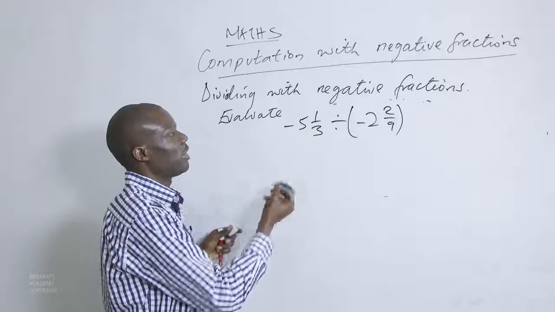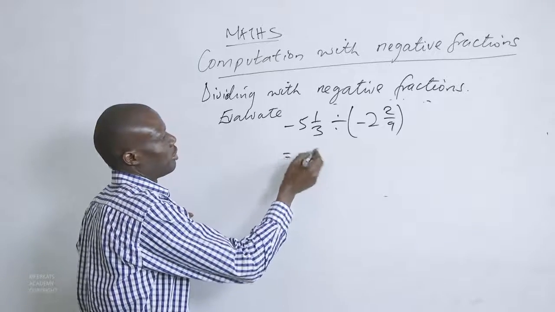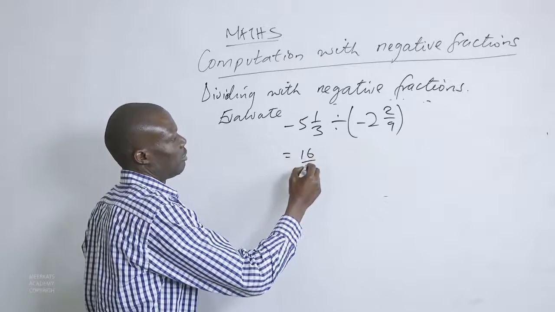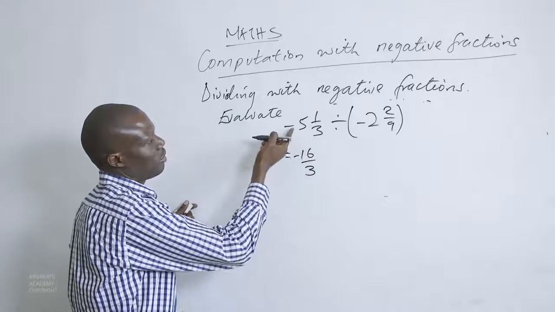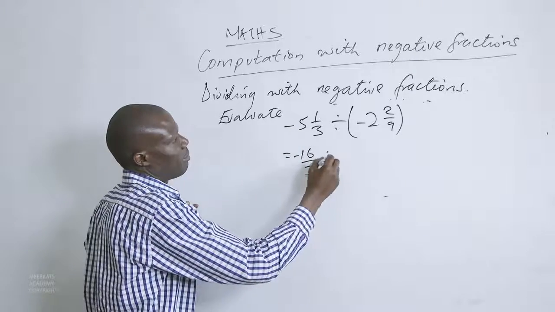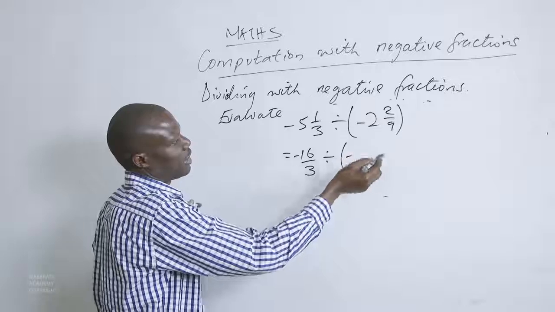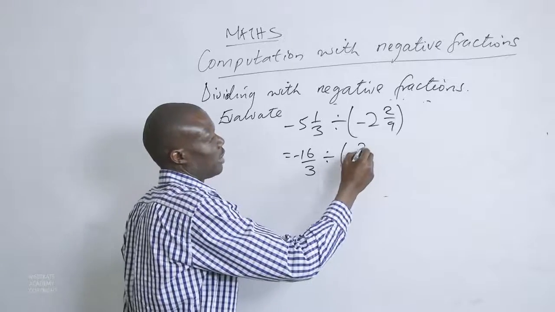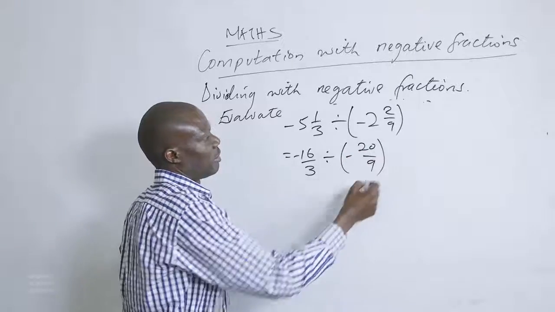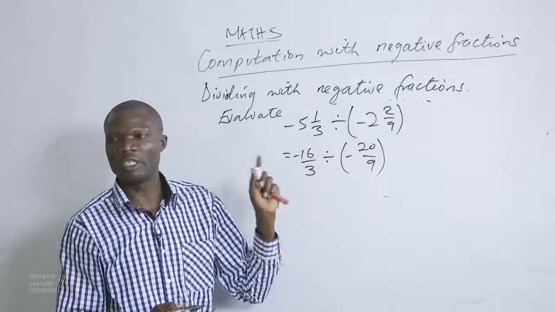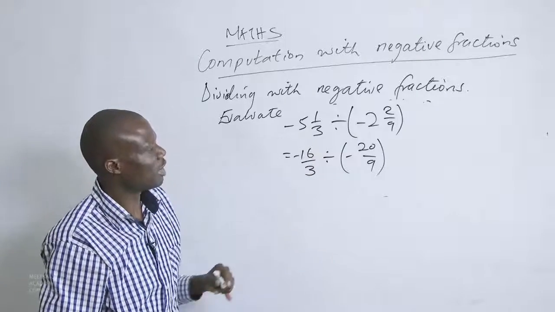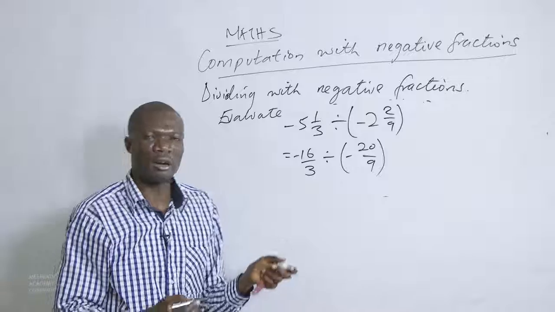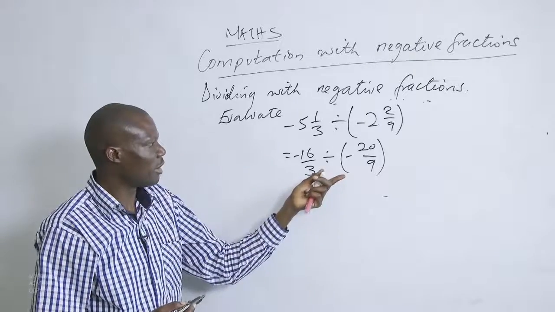So the first part is equivalent to 16/3. Take notice, 3 times 5 plus 1. Divide by, this one is negative 20/9. That is 9 times 2, 18, plus 2, 20. So the 2 now are here.